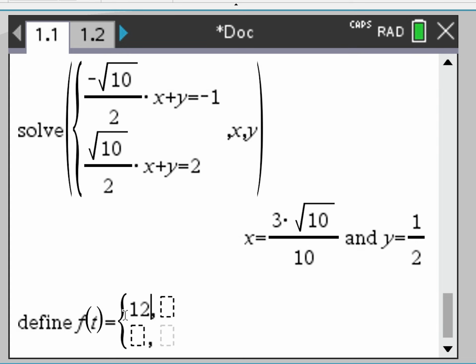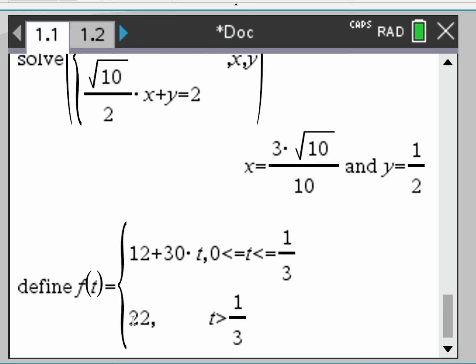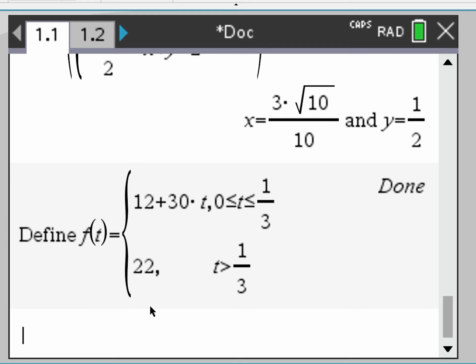So 12 plus 30 times t, for 0 less than or equal to t less than or equal to 1 on 3. Now again we do 22 where t is greater than 1 on 3. Just making sure I've defined everything correctly. Yes, I have. Now we just have to differentiate this.